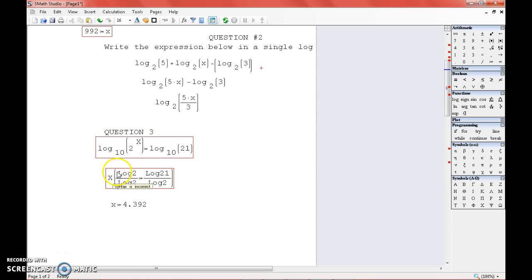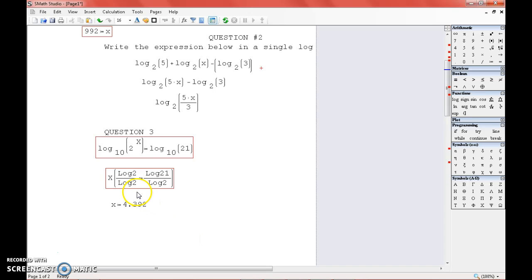What the law said was that if there's a power right here, you could bring it to the front. So you bring that power to the front, right? And if you bring that power to the front, then what you'll be left with is log 10. Remember I said that an invisible 10 base is right here. You'll be left with log 2, right, equal to log 21.